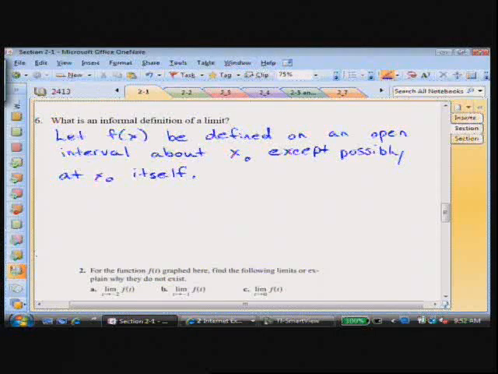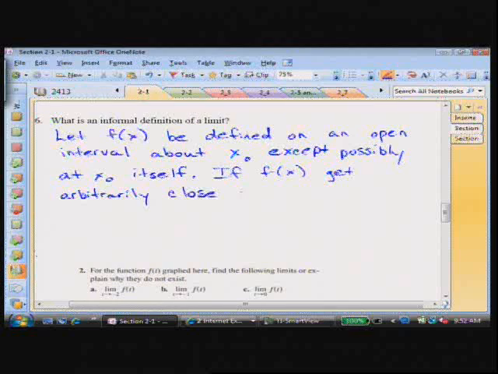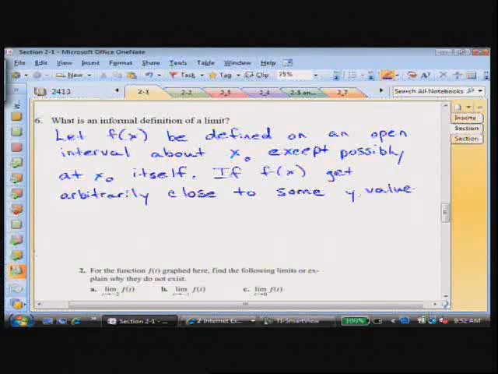So if f of x gets arbitrarily close to some y value, and we'll call that y value big L for limit, it turns out we can get as close to L as we like.